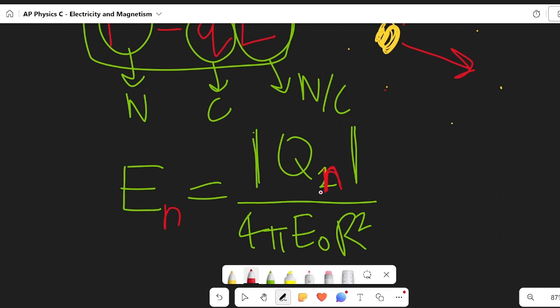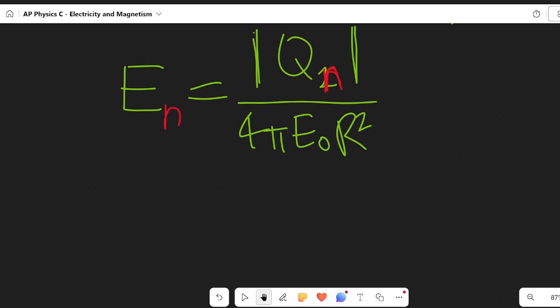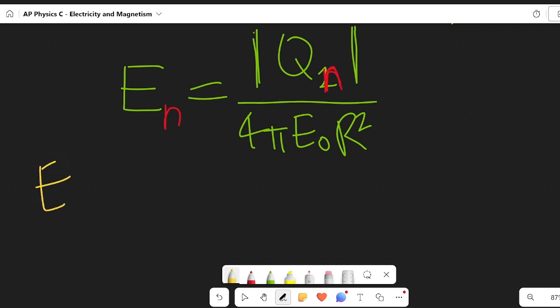We can apply this electric field equation, which is basically a corollary of Coulomb's law, to every one of the charges in the space. So let's say we have like 6 charges, for example. That's electric field.